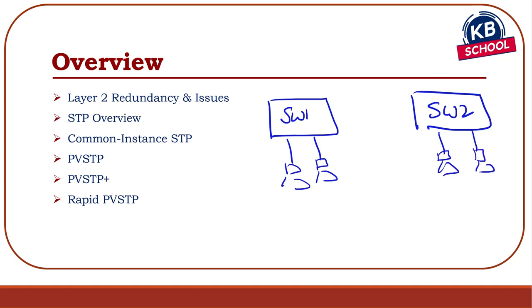If I connect the two switches to each other just using a single link and that link fails, all the communication between the two switches fails. So to solve this issue, one of the things that you can do is put two cables to connect switch 1 and switch 2 to each other. Okay? So this will solve our single point of failure problem by introducing redundancy into the network.